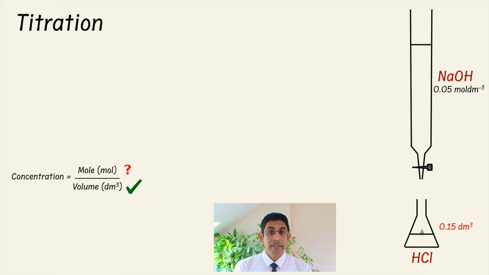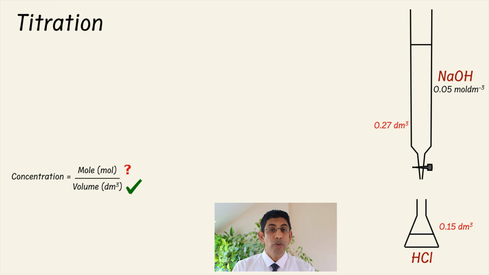You can repeat the titration several times to get the mean. This will avoid anomalous readings. At the end, the volume of sodium hydroxide used to titrate this 0.15 decimeter cube of hydrochloric acid is 0.27 decimeter cube.